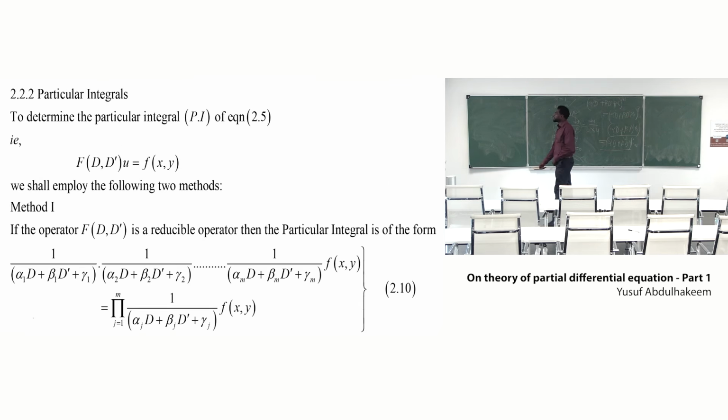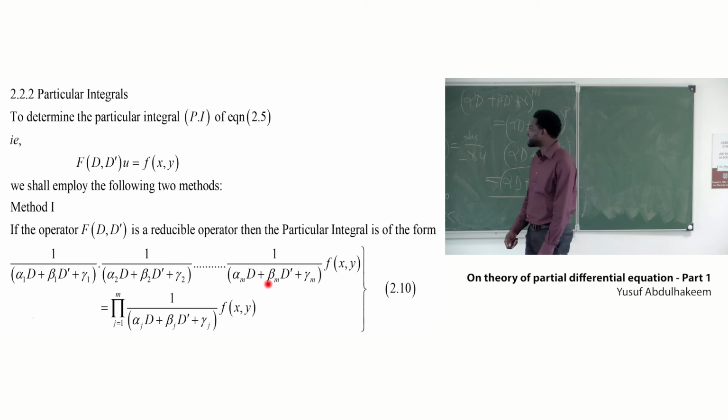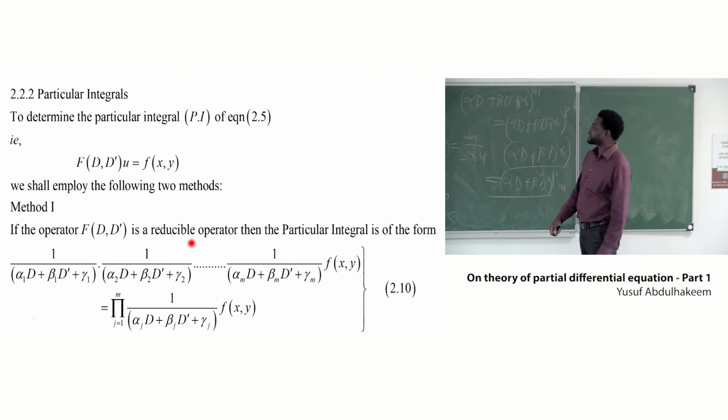So determine a particular integral PI of this. You can now see that the differential equation has now changed. Now what we have here is a differential equation of inhomogeneous type, where this f of x comma y is not equal to 0. So here we are going to see how to generate the particular integral in order to obtain the solution of this problem when the right hand side is not equal to 0.